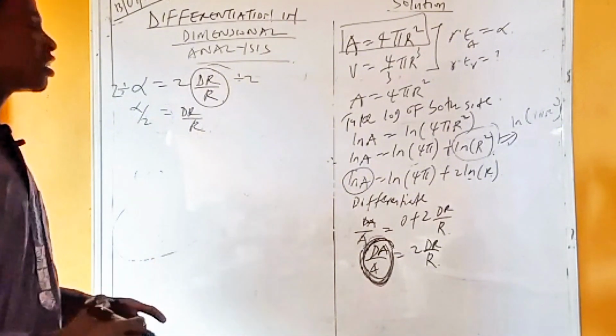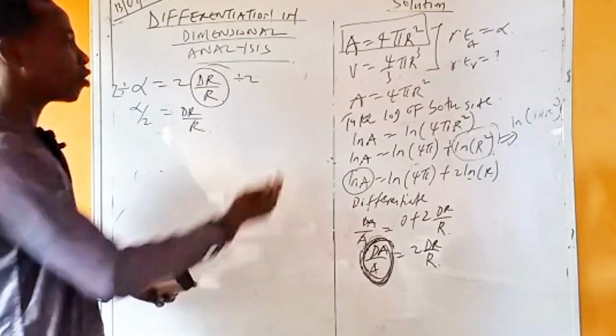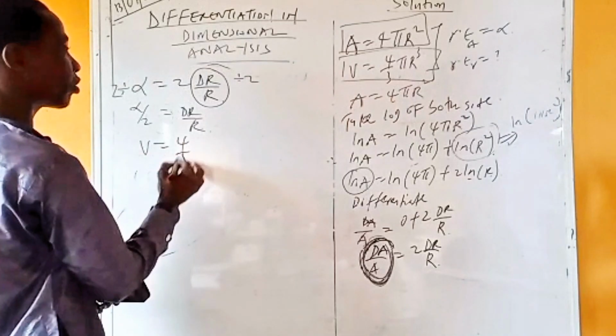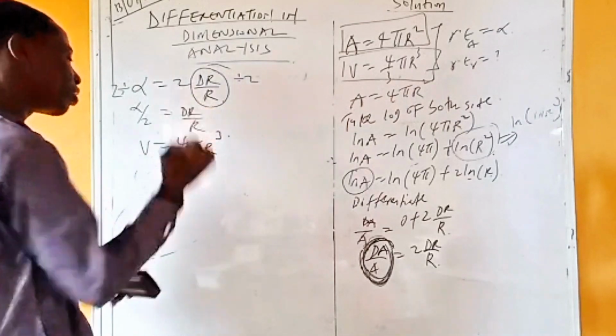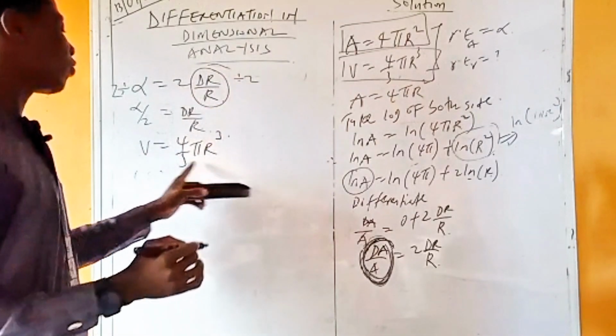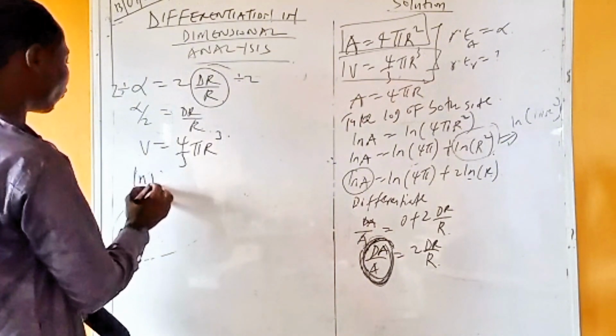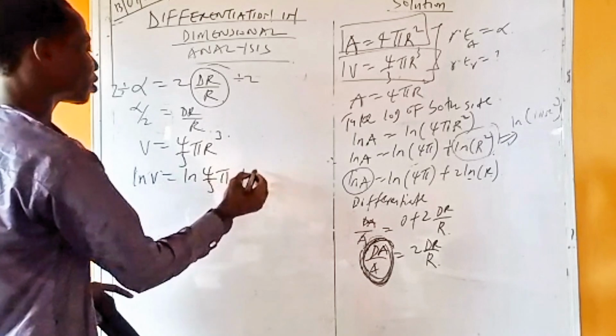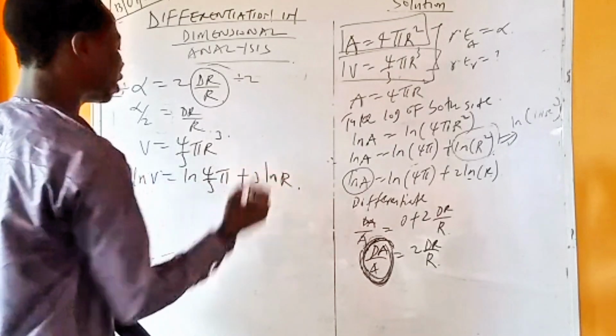Now I want to get the relative error in its volume. You should recall that the volume of a sphere is V is equal to 4 over 3 pi r cubed. I am going to take the log of this also. I will have ln V is equal to ln of 4 over 3 pi plus 3 ln r.